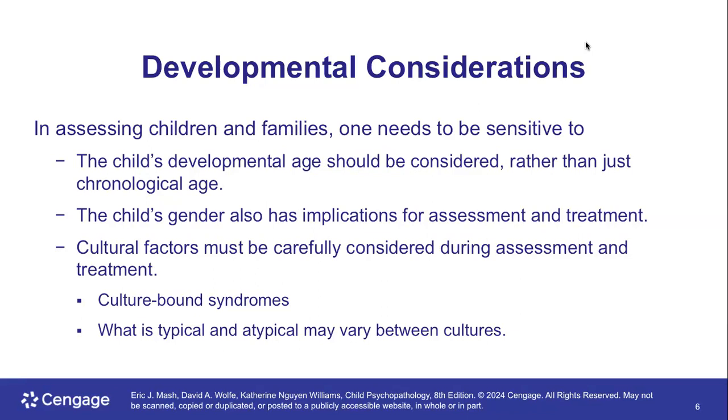So if I were doing a psychological assessment for intelligence, I could assess a child who is 8 years old and then say their IQ puts them roughly around, I'm making up a number, 6 years, 8 months. So I can be very specific as to their IQ, where their developmental age is.